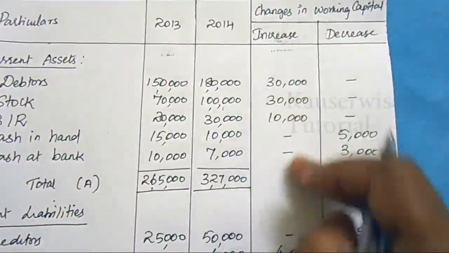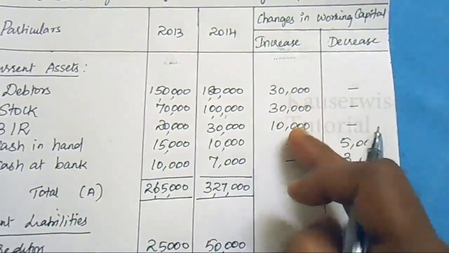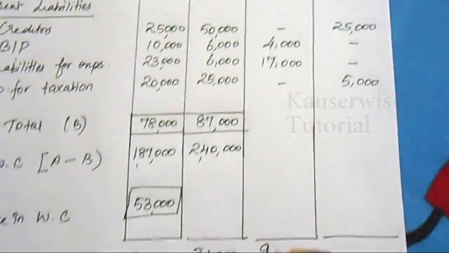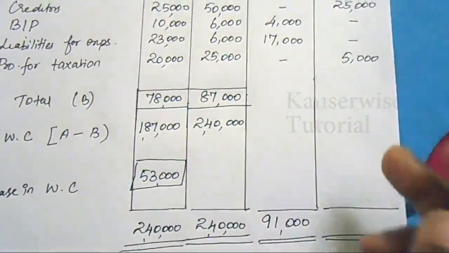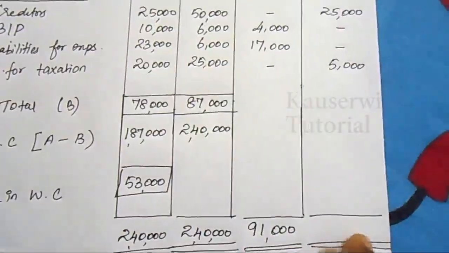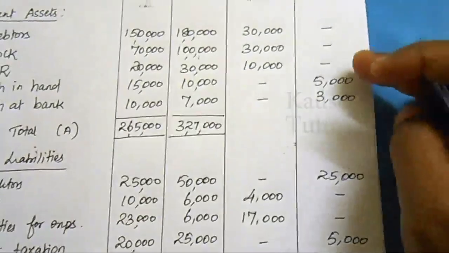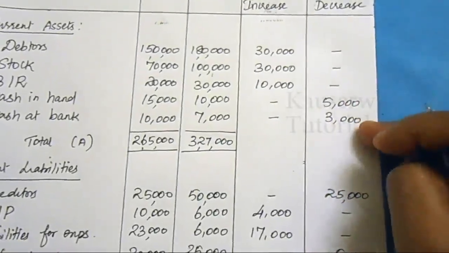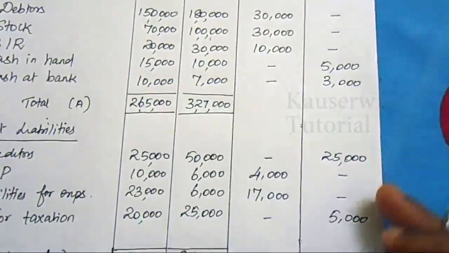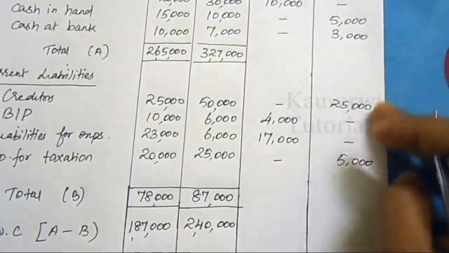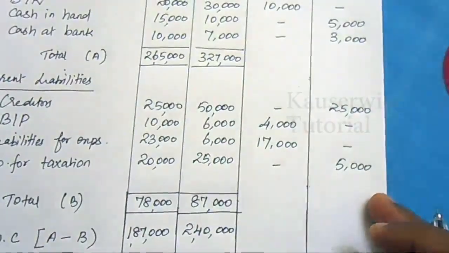The total for the increase column: 30 plus 30, 60, plus 10, 70, 74, 74 plus 91,000. Same amount you can write here also, 91,000. Just find the total for the decrease column: 5 plus 3, 8,000, 8,000 plus 25 plus 5,000. Total 38,000. So in the decrease column we have only 38,000.